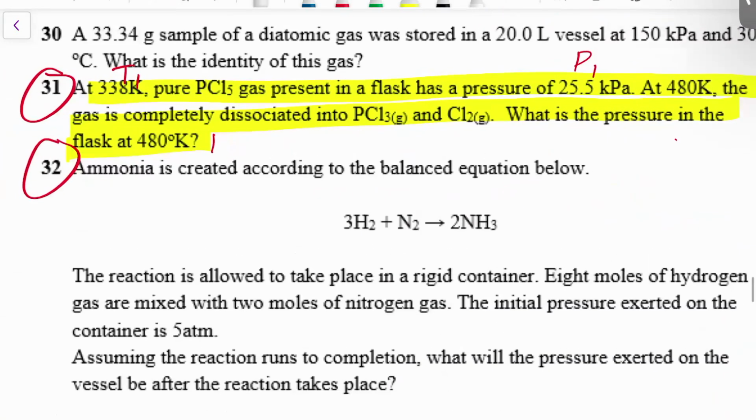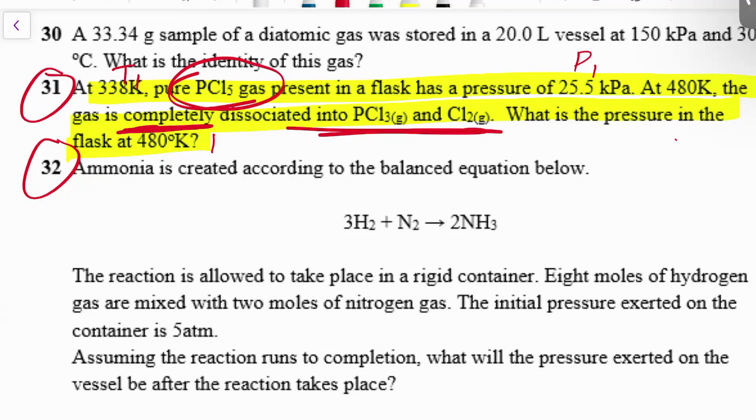The PCl5 completely dissociated, which means there's none of it left, it fully turned into PCl3 and CO2. That's why we were able to say that one of the gases turns into two of something else. I don't have to worry about any PCl5 left. That's why I could read the ratio 1 to 2.